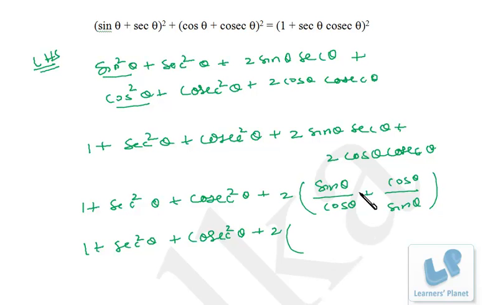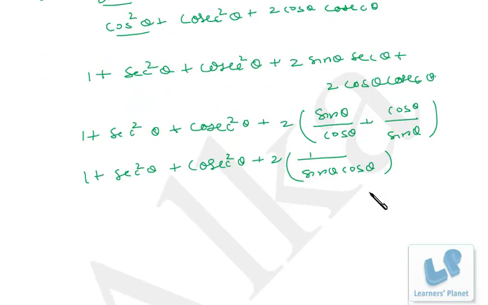Now if we take LCM, we'll be getting sin square theta plus cos square theta, that's further 1. So it's 1 upon sin theta cos theta, right? Now it is 1 plus sec square theta plus cosec square theta plus 2 sec theta cosec theta.